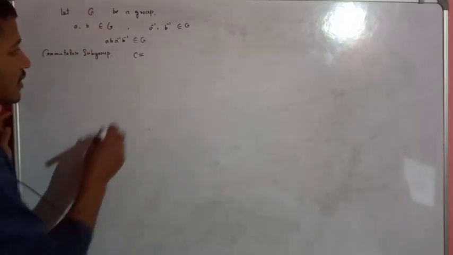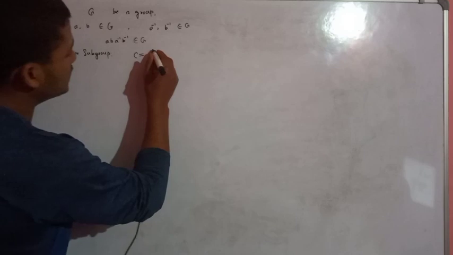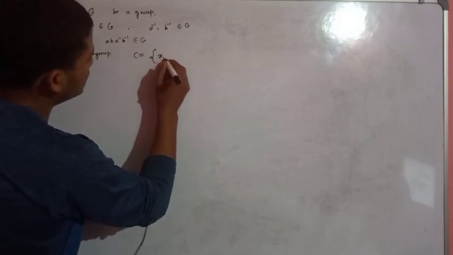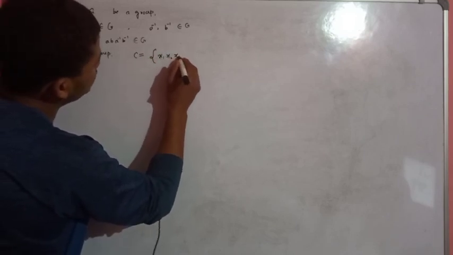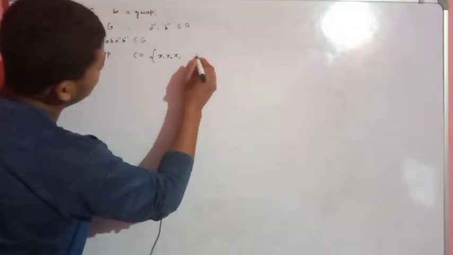What will the commutator subgroup be? This is denoted by G prime. It is equal to the set of x1, x2, x3, like that, up to xn.